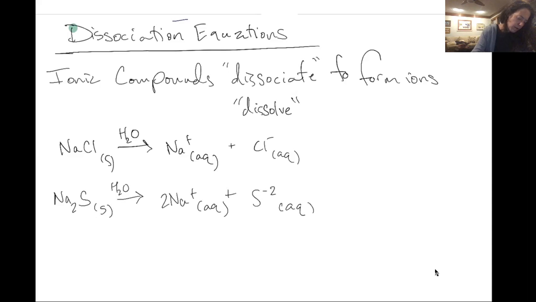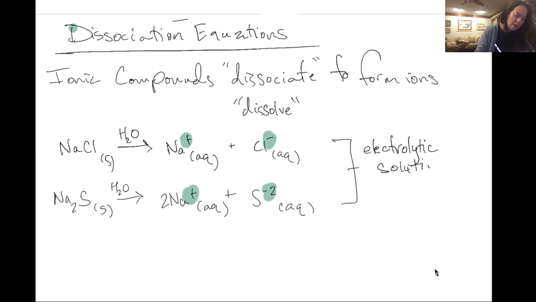Due to the presence of these ions, these charged particles, we have what we call electrolytic solutions. We've already discussed this. These are solutions that can conduct a current, and the reason is those charged particles floating around in the solution.